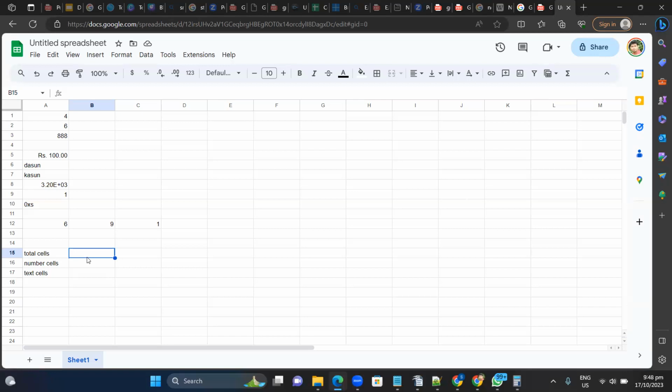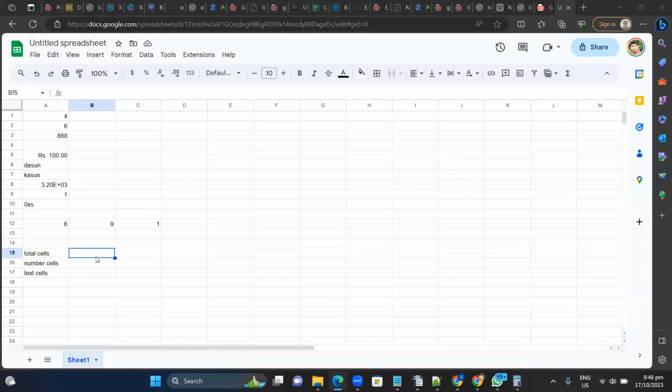Yes, I got a few suggestions. No, Javiru, count A will count only the number cells and text cells. Not Senuka. Shivani, count A and count blank.